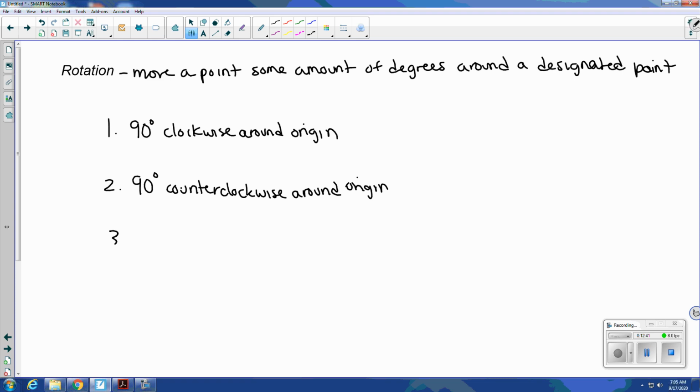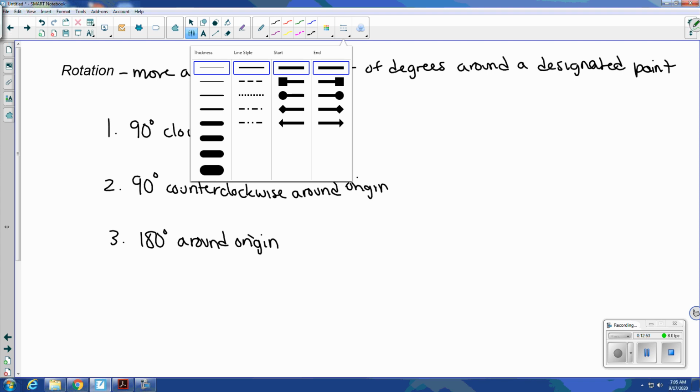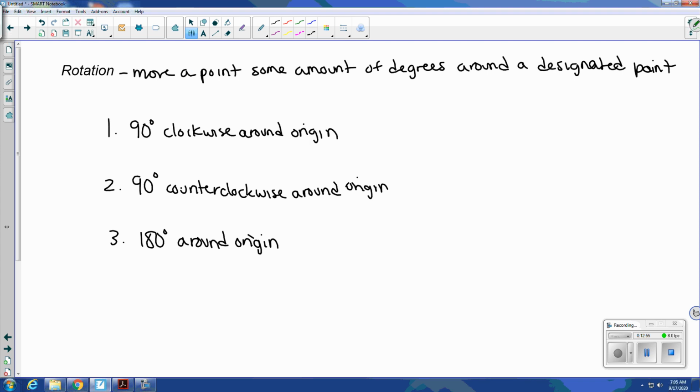And then we are going to do 180 degrees around the origin. So recall a full turn is 360 degrees. So when we make these 90-degree turns, think we're going a quarter turn. For 180 degrees, we're going a half turn. So just keep that in mind.